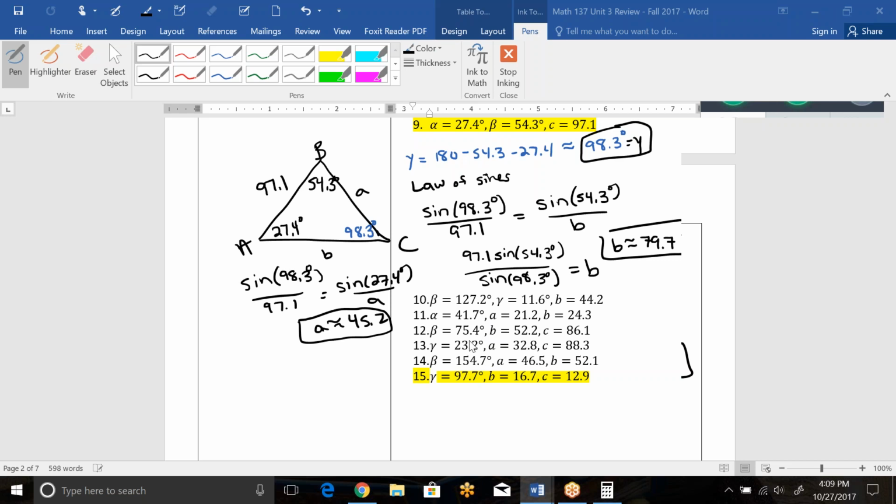If the angle is acute, like in 12 or 13, you would have to consider sometimes two cases if the sine that you're solving for is between -1 and 1. So depending on what information you're already given, if you know an angle is already obtuse, there's no way you can have two obtuse angles in the same triangle. So we're going to do 15 just to show you one where you only have one angle. But in this scenario, we won't need to test for two different triangles.